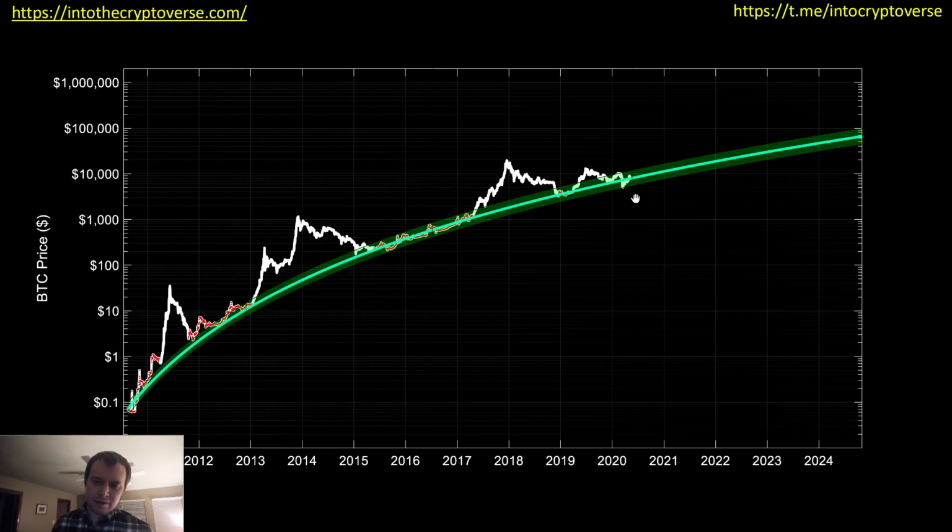We went to the center line here. It doesn't always work out this way, but right now the center line more or less corresponds to the 20-week moving average, and you can see we've popped above it. If we were to go to the top of the band, I think it would correspond to around $10,000 to $11,000, somewhere in that range, maybe $10,500 to $11,500. So that's where I think the top of the band currently is.